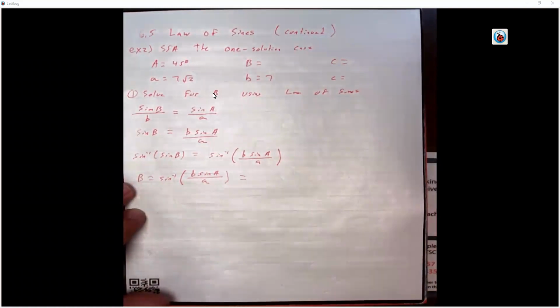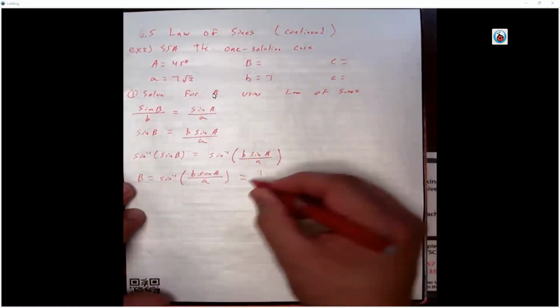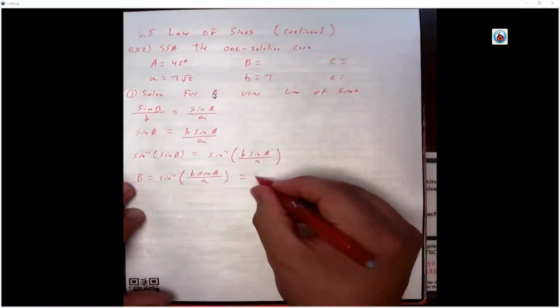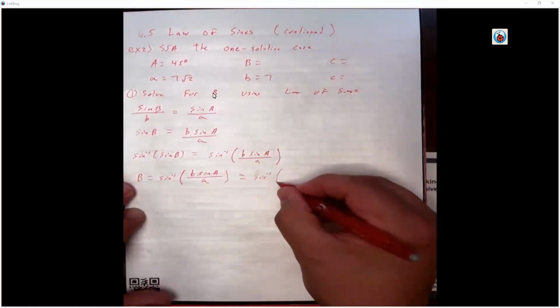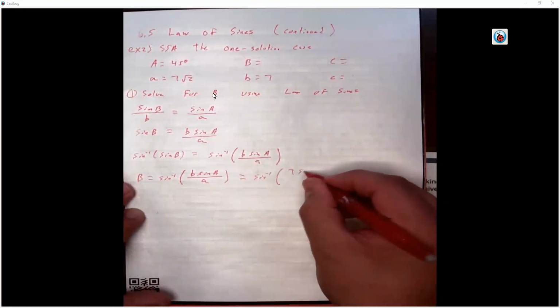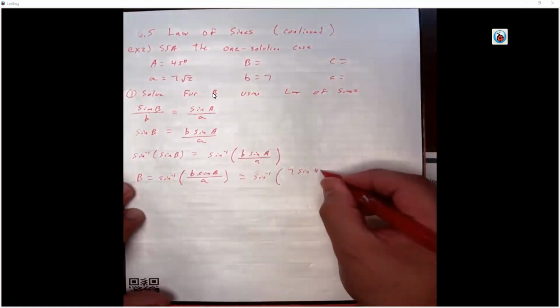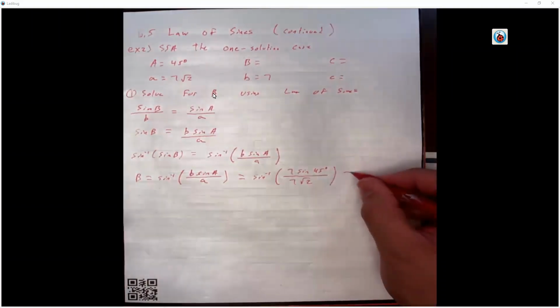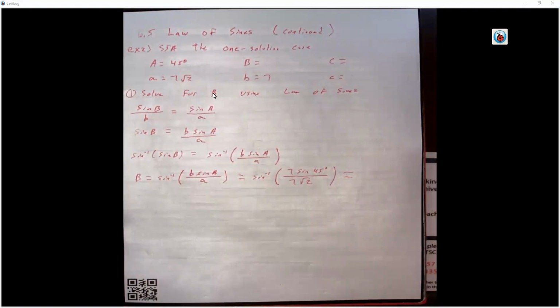Little b is 7. Let me write that. 7 sine 45 over 7 root 2. So at that point, it's calculator time.